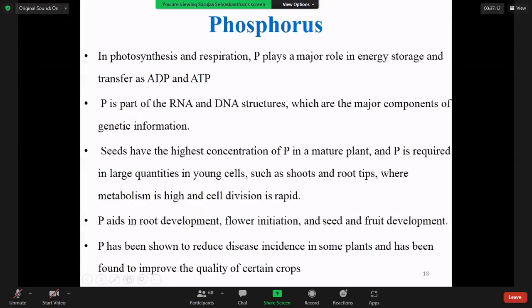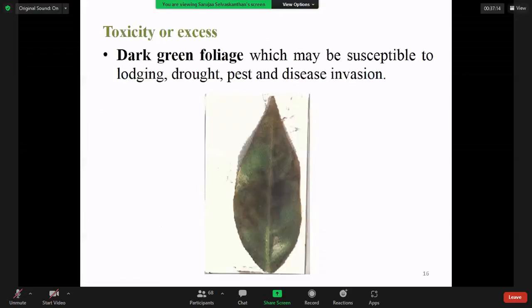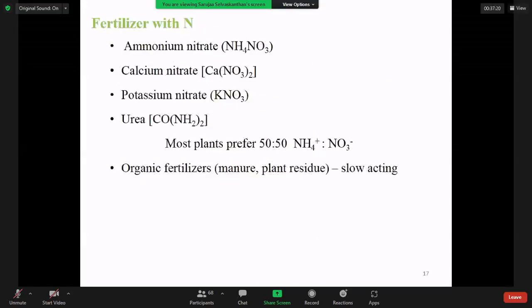Then if your plants show these nutrient deficiency symptoms, you definitely need to supply your plant with nitrogen-enriched fertilizers at a recommended level.